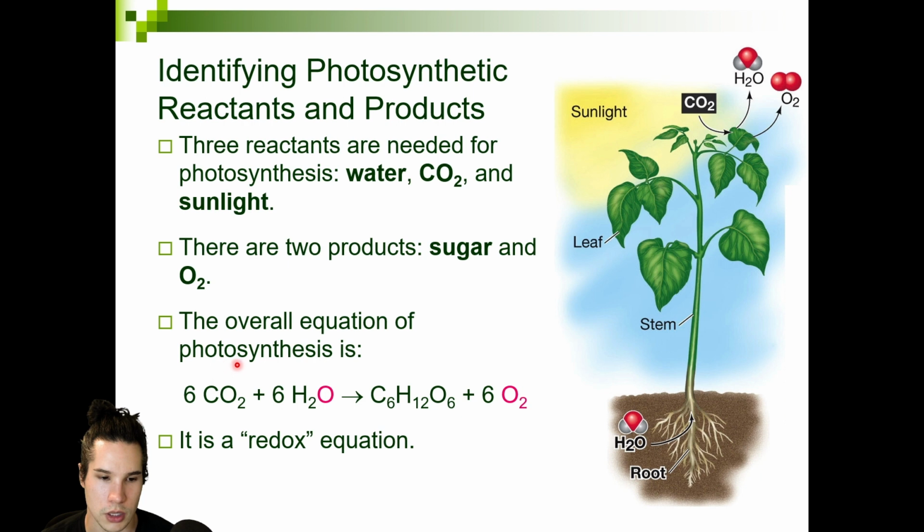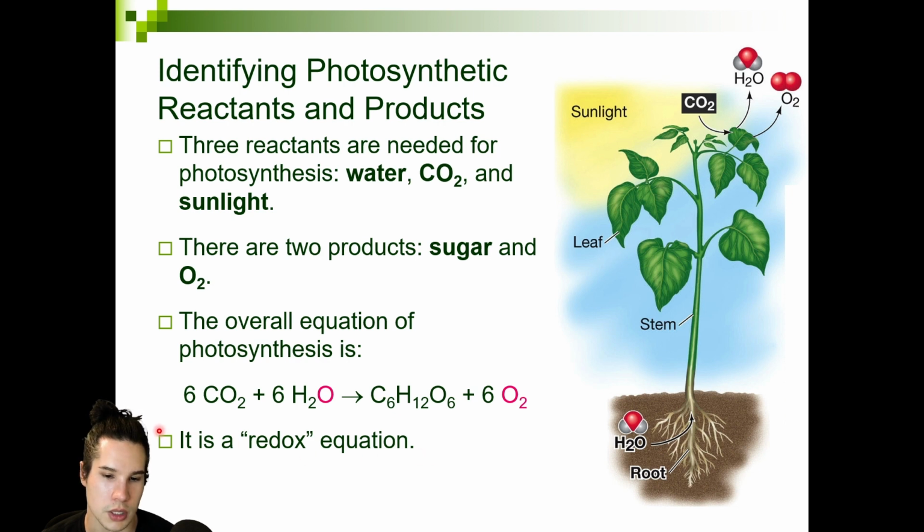So the overall equation for photosynthesis is 6 CO2 plus 6 H2O to make C6H12O6 plus 6 O2. So much like the cellular respiration equation, this is also a redox equation. Something's being reduced, something's being oxidized.